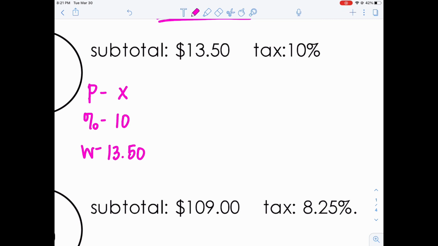So remember, part over whole equals percent over 100. So using my numbers, part over whole is X over $13.50 equals the percent, which is 10 over 100.